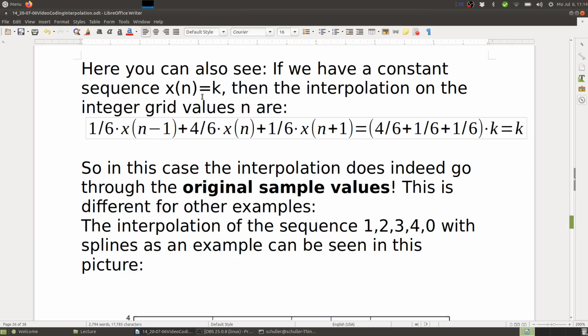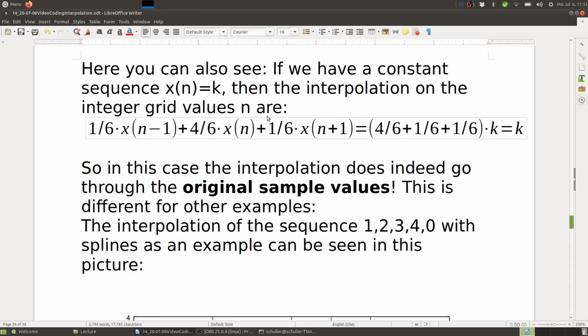So here we can also see if you have a constant sequence x of n equals k, what we get, then the interpolation on the integer grid values n is this. So we have 1/6 of the previous pixel, 4/6 of the center pixel, and 1/6 of the next pixel.